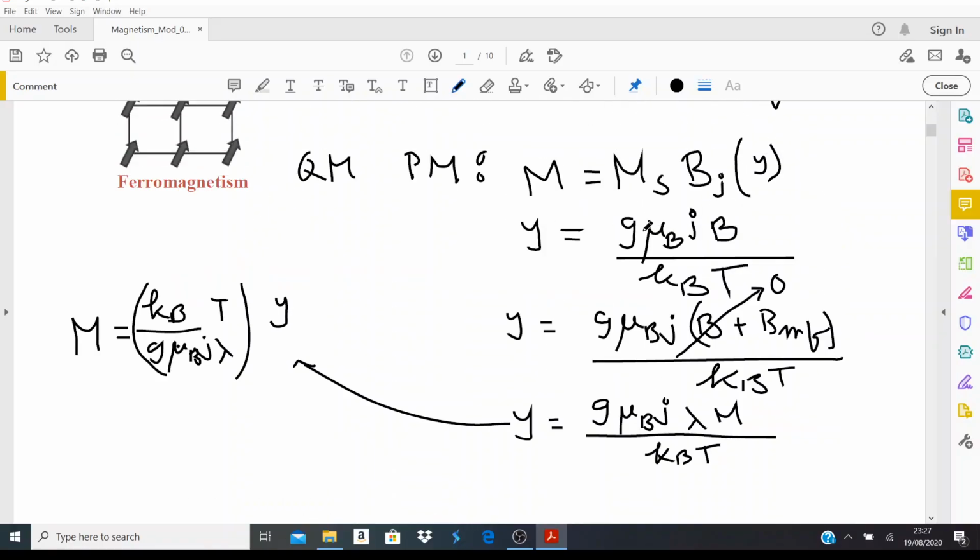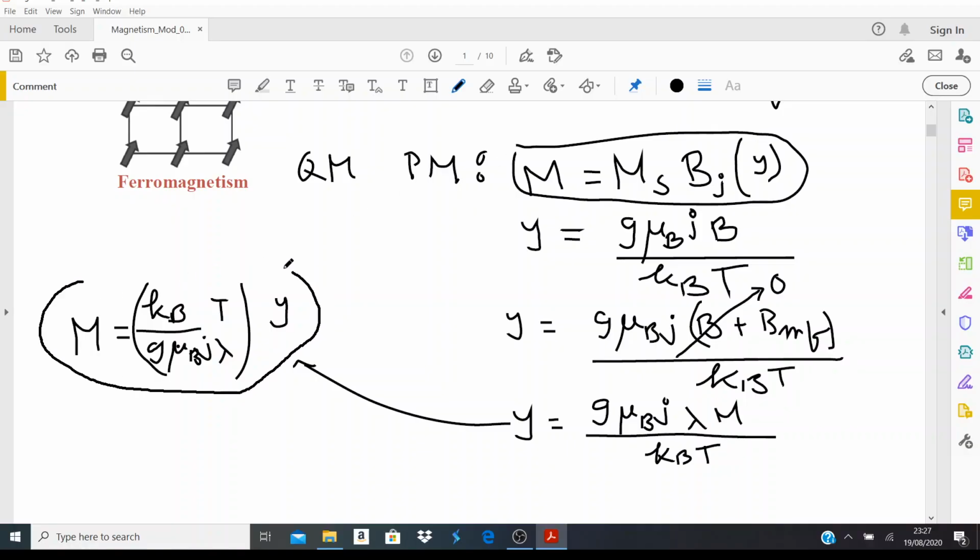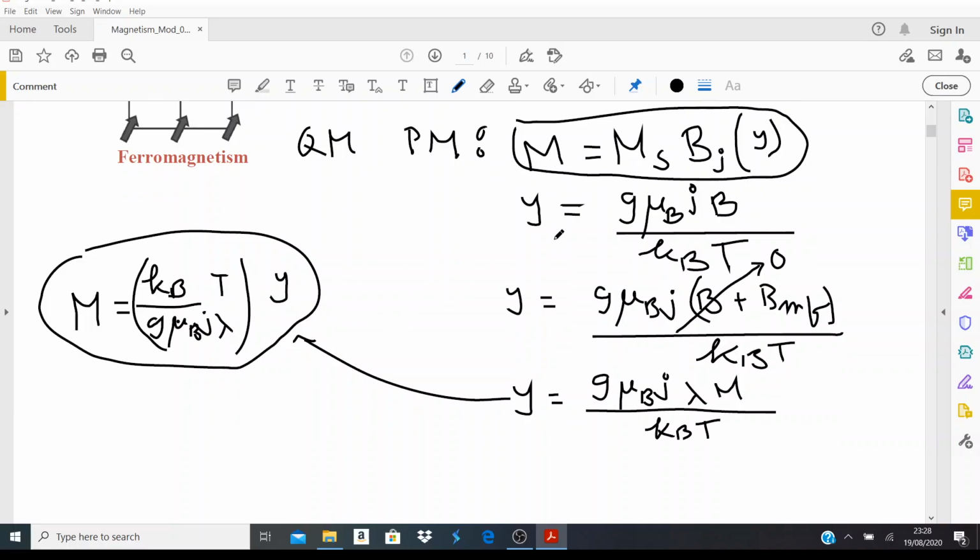Now let's compare these two equations. Here we have M equal to some Brillouin function times the saturation magnetization. Here M is a straight line. So we can plot both of these functions, right?